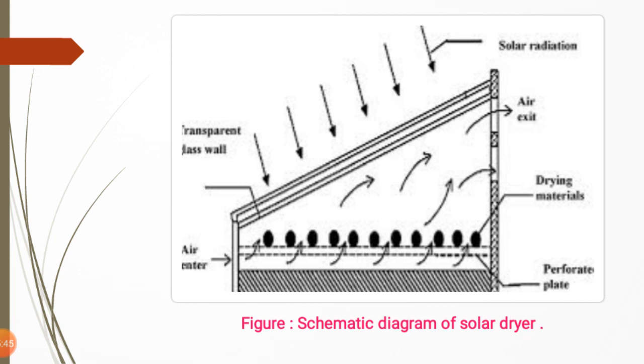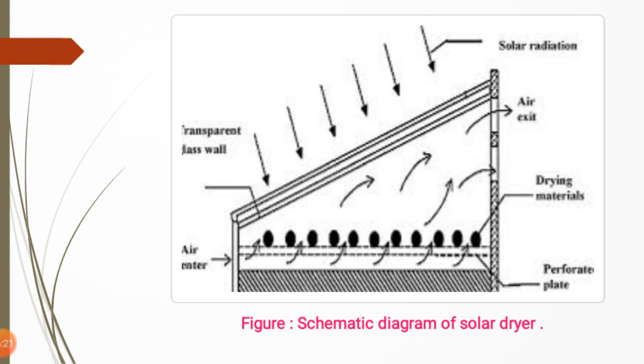Above the base part there is a perforated tray or perforated plate on which the agricultural product which we want to dry is placed, and the air enters at the bottom of that product and passes through it. But when the solar radiation is incident on the transparent plate, which transmits the solar radiation, this radiation enters the chamber.